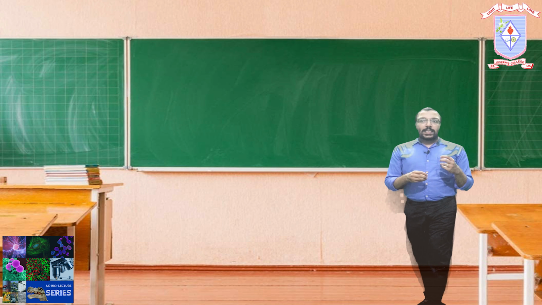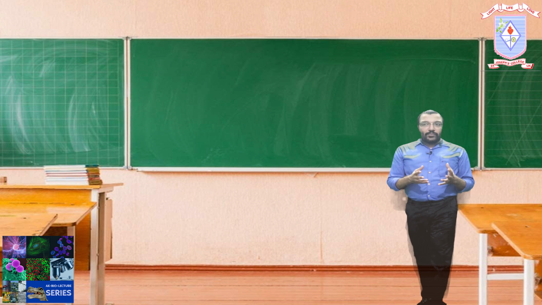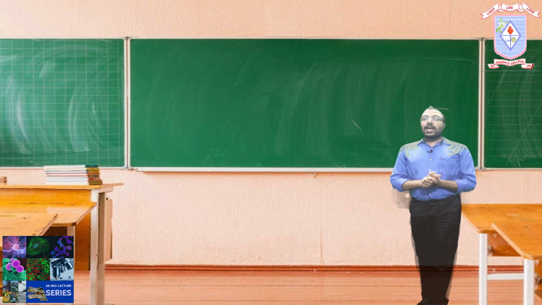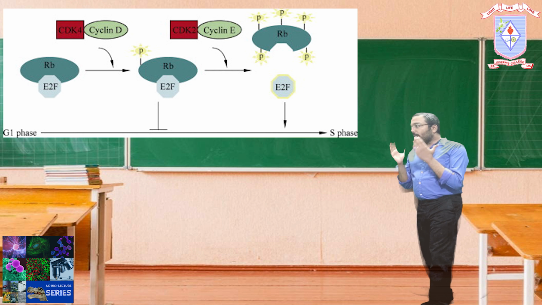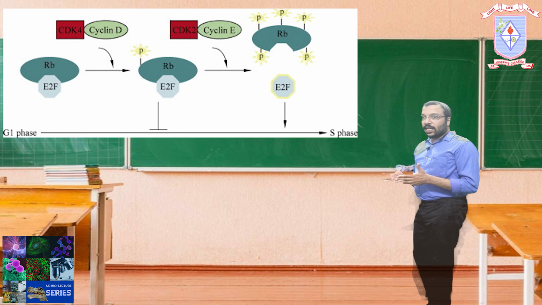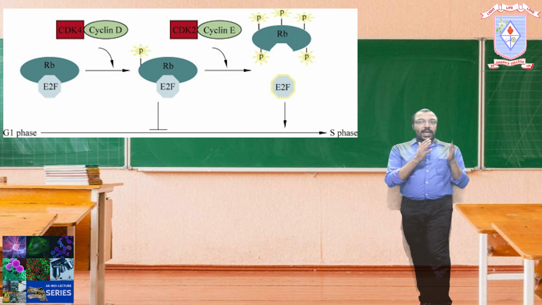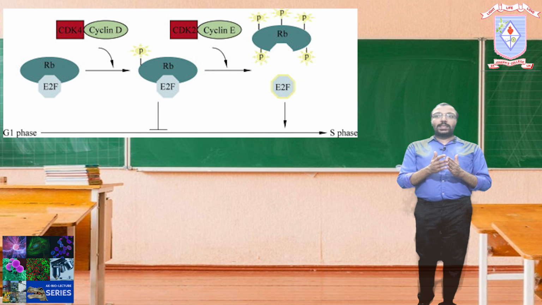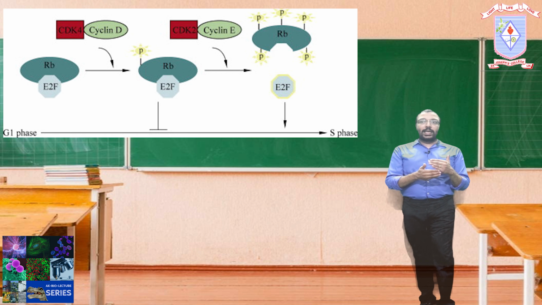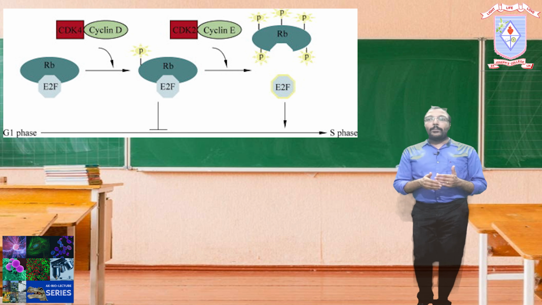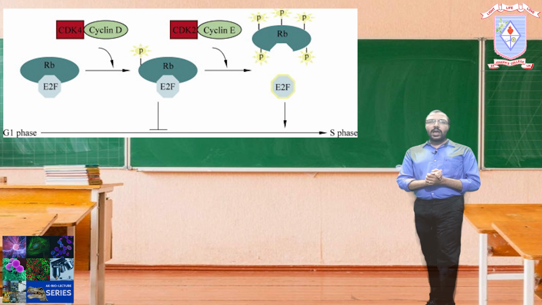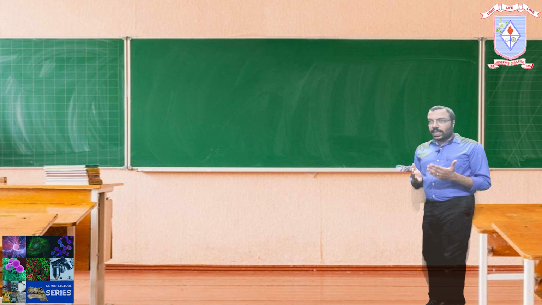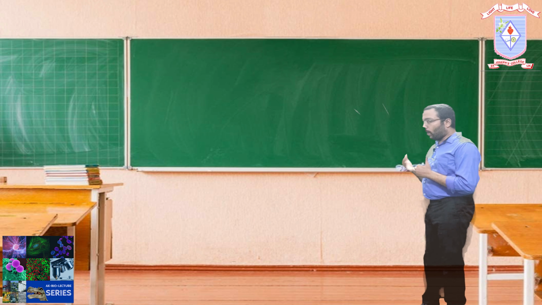Actually, RB is a protein with multiple phosphorylation sites. First, during the early G1 phase, cyclin D, CDK4 or 6 complex hypophosphorylates RB protein by phosphorylating some of the phosphorylation sites of RB protein. Now, the RB protein is in hypophosphorylated form.